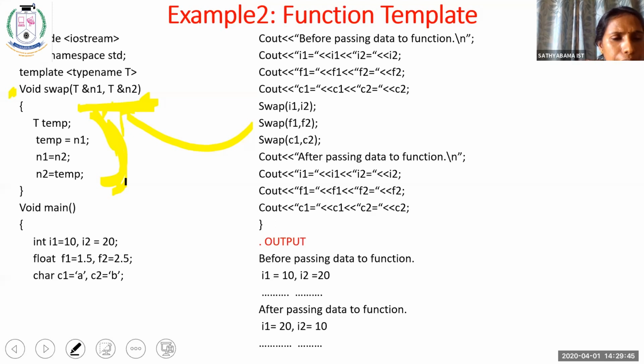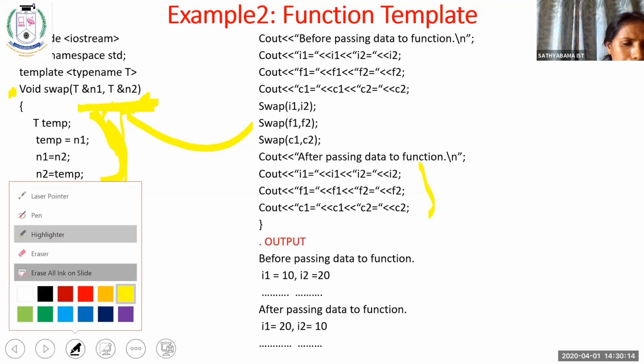So you don't need to return the result back here. After swapping, the swapped result will automatically be printed here. It will print the swapped integer value, float value and also character value.